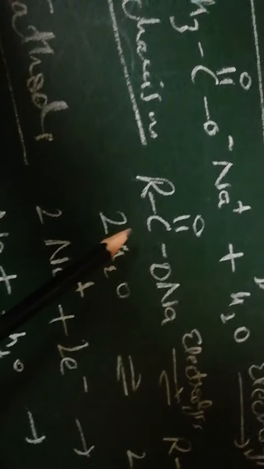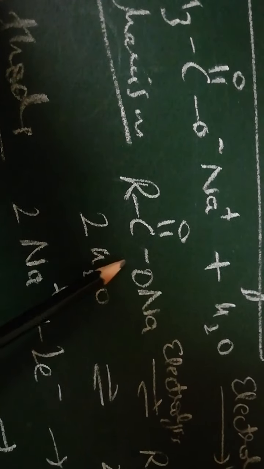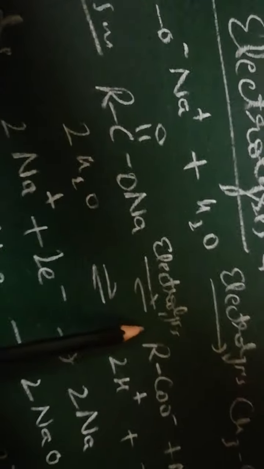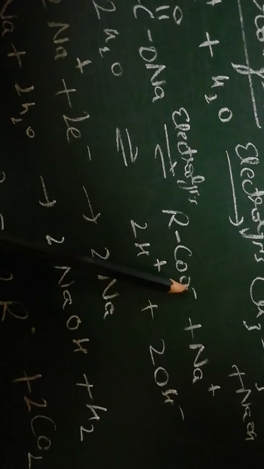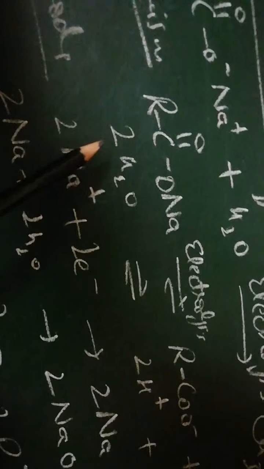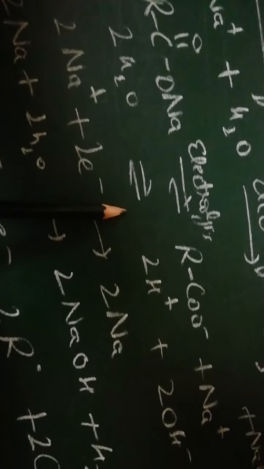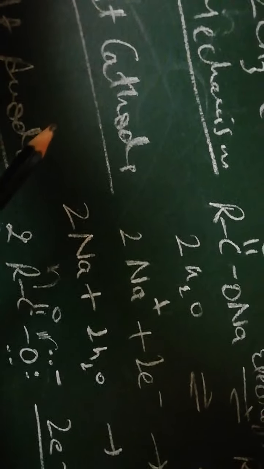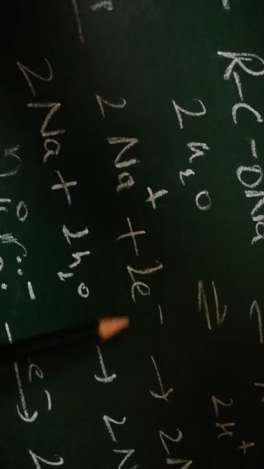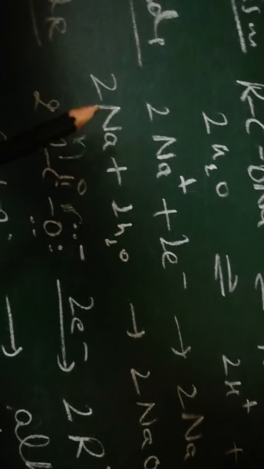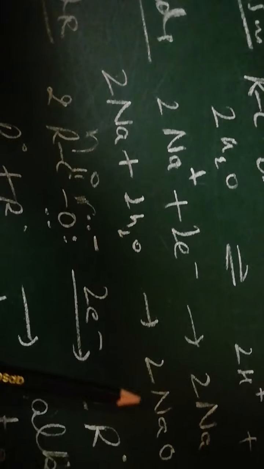Now what is the mechanism? This is the sodium salt of acetic acid, sodium acetate. It undergoes electrolysis and we will get two ions, that is RCOO negative anion and Na positive cation. Then two molecules of water also undergo electrolysis and we will get 2H positive plus 2OH negative. Now at cathode, the reaction will be 2Na positive plus 2 electrons gives us 2Na, and 2Na plus 2 water gives us 2NaOH plus hydrogen.